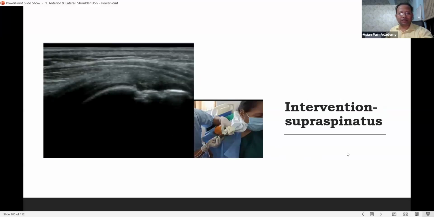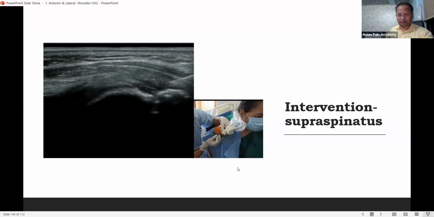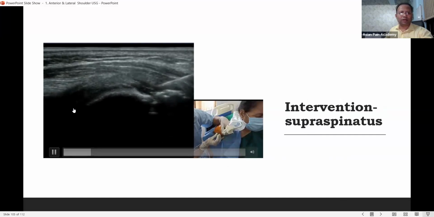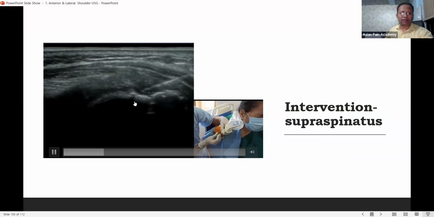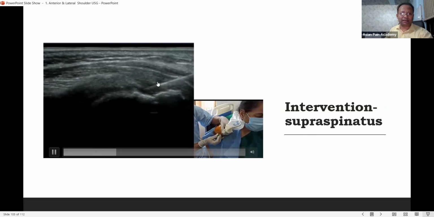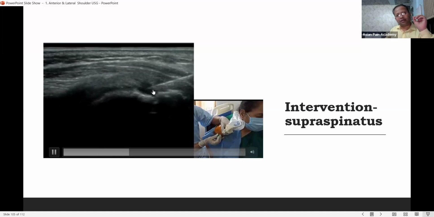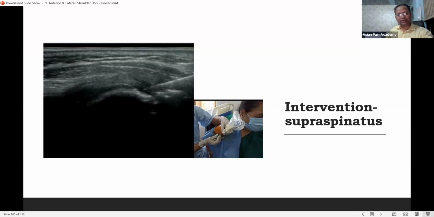Intervention. So this tendinosis, we are doing some intervention. You can understand the picture. This is a long axis view over the supraspinatus. Our needle is coming from the lateral side, and it is just at the tendon where we can see the small tear.